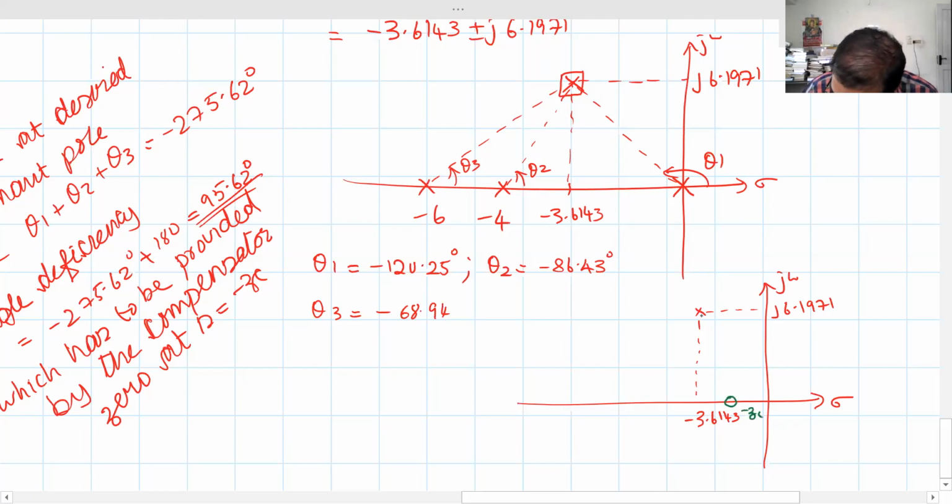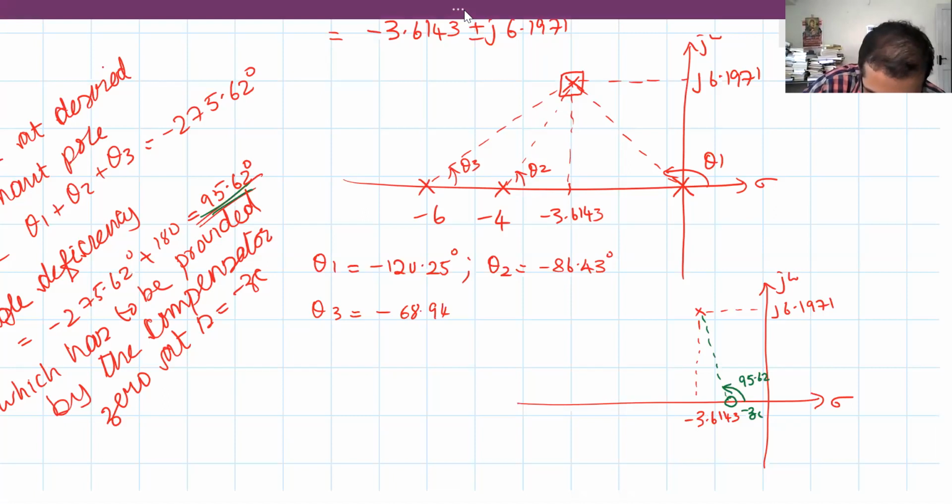Now you extend the line. So this must be how much? This must be 95.62. We know this much angle is 90.